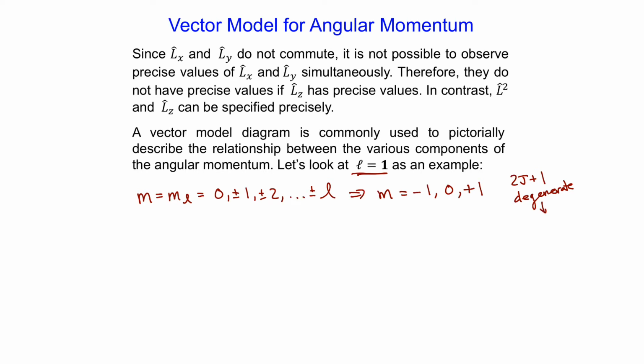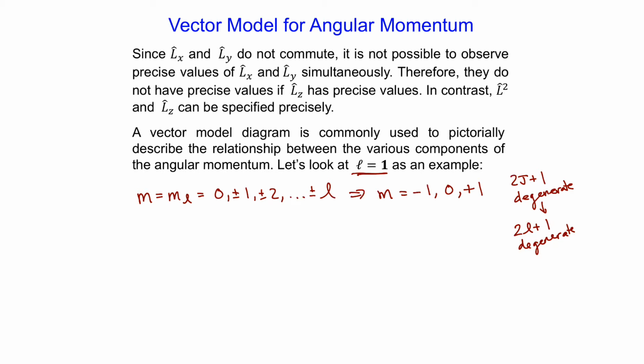Analogous would be 2L plus 1 degenerate energy levels for our angular momentum. So if L equals 1, 2L plus 1 gives us 3. And how many values of M sub L do we have? We get 3 values of M sub L. So these should always match up with your degeneracy that you calculate from 2L plus 1.